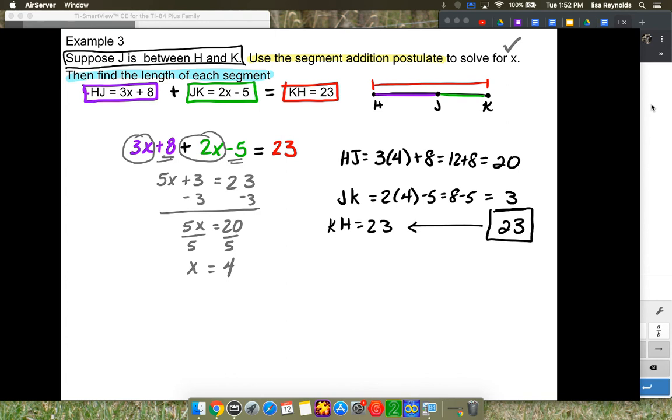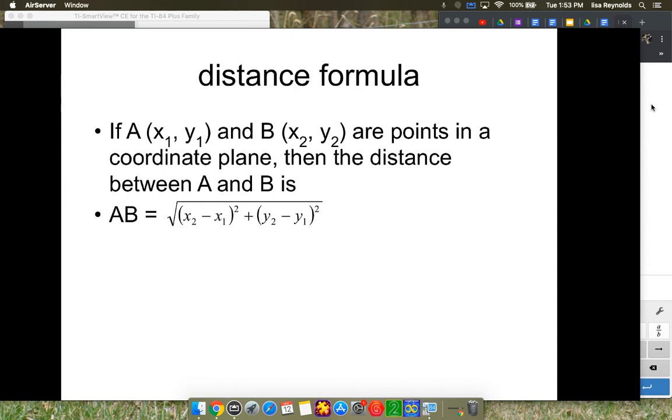So we have one more thing in this section, and it's a formula. So this is the distance formula. So we have the coordinates of 2 points. Each coordinate has 2 values.